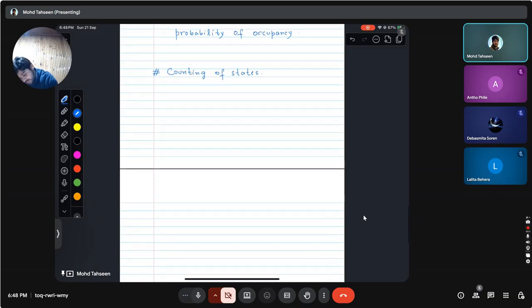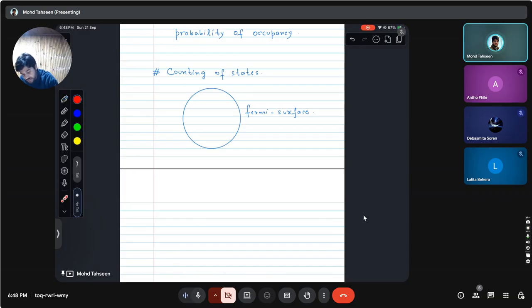Now we know that, let's say that this is some Fermi surface, right? And now I'm just going to talk about the situation at 0 Kelvin, where this is the highest energy level, right? There will be nothing outside it. No particles will be outside it, okay?